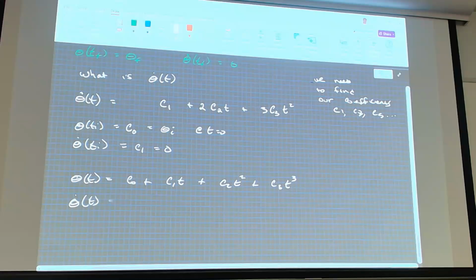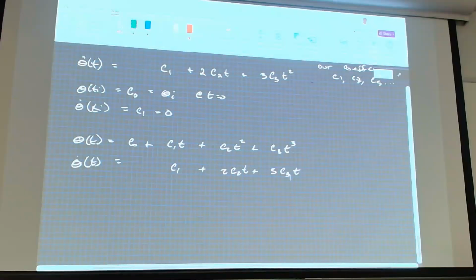Theta dot of T is equal to C1 plus 2 C2 T plus 3 C3 T squared. We'll leave it like that.